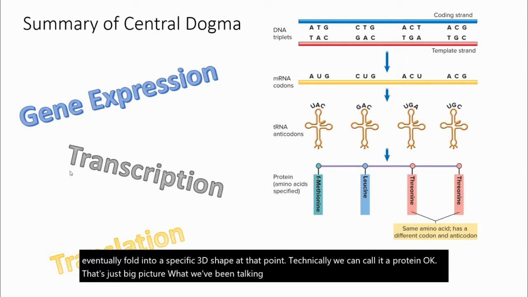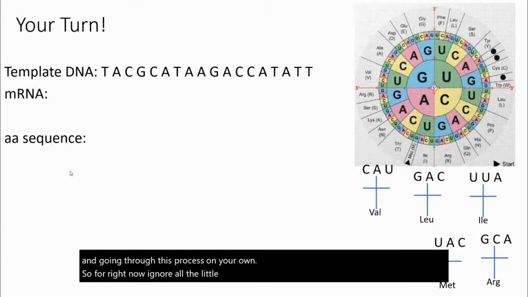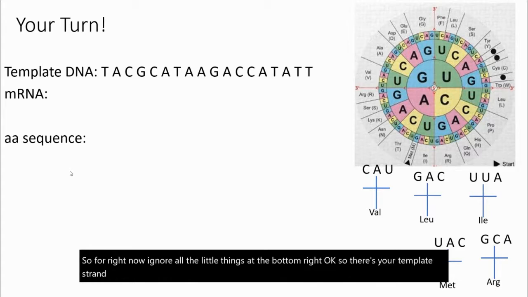Let's go ahead and have you practice going through this process on your own. For right now, ignore all the little things at the bottom right. There's your template strand of DNA. I did not include directionality on it because I want you to tell me what the directionality has to be.